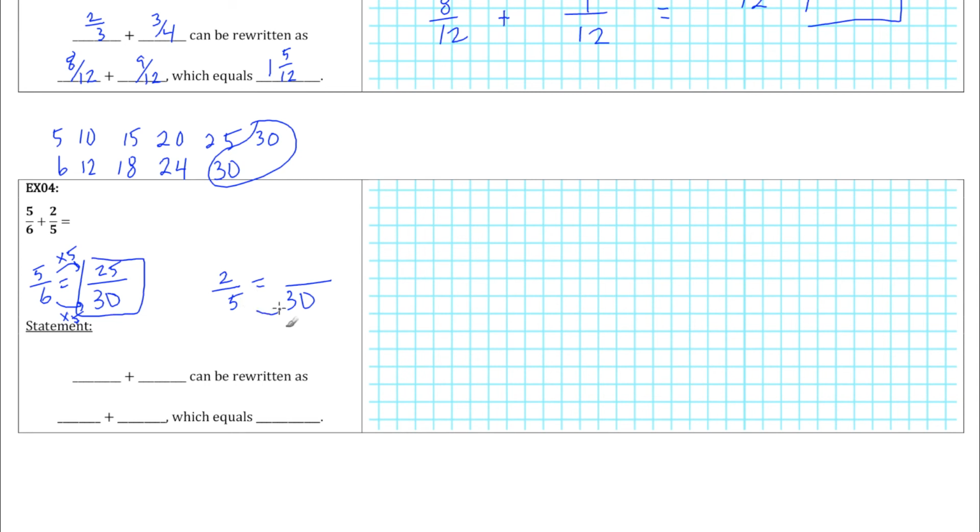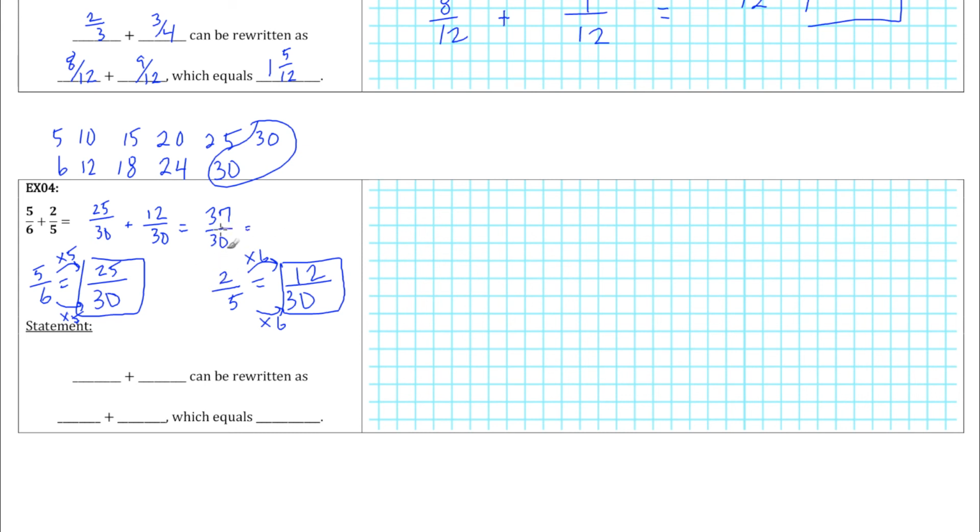And 2/5, we're going to multiply both of these by 6. And 2 times 6 is 12. I was looking at that 30. So instead of writing 5/6 plus 2/5, I can rewrite that as 25/30ths plus 12/30ths. And I get 37/30ths.